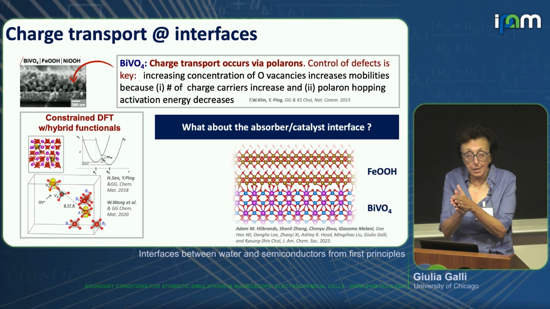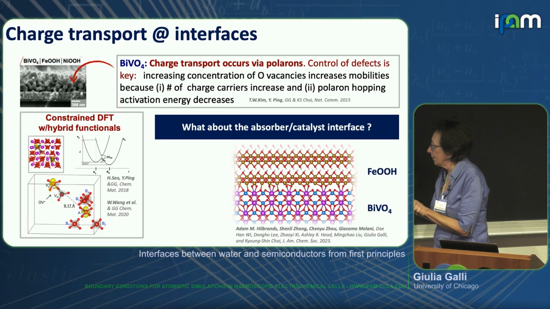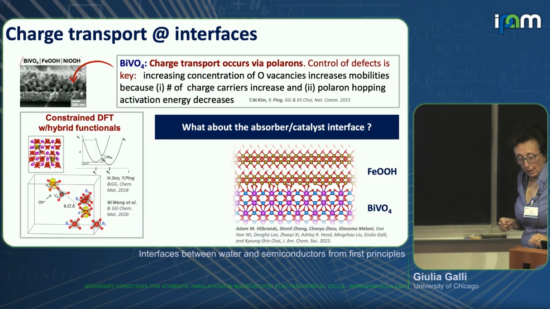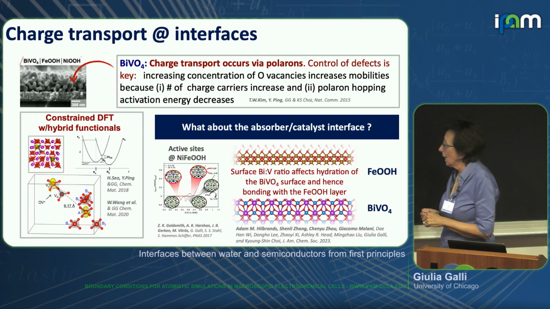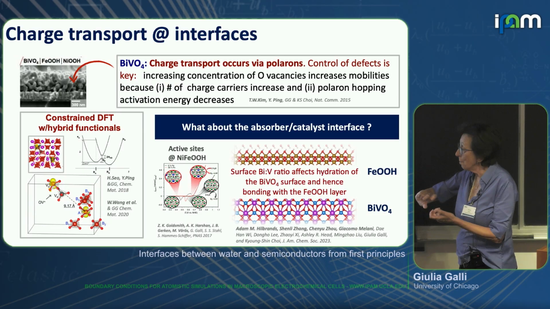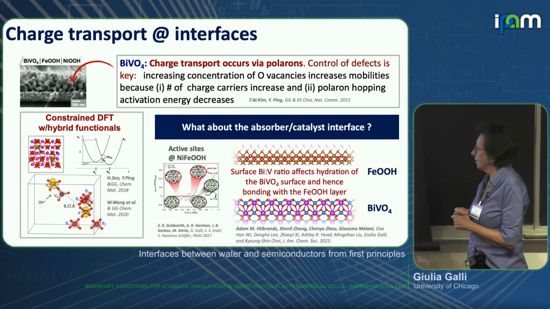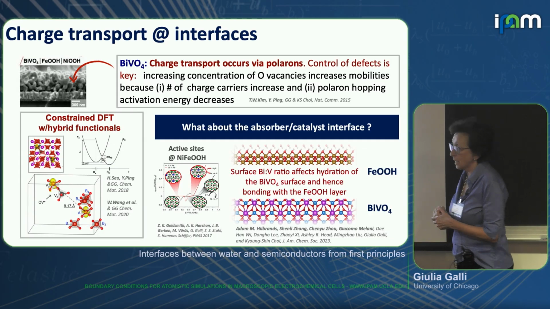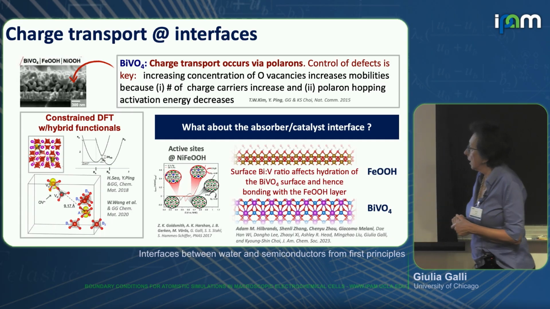Once you have your surface, as I told you, the process doesn't happen if you don't put a catalyst. One of the catalysts that we have used is iron oxygen hydroxide. We found, not surprisingly, that the ratio of the metals at the surface affects the hydration of the surface, which then affects the bonding of this catalyst, and then affects the performance.